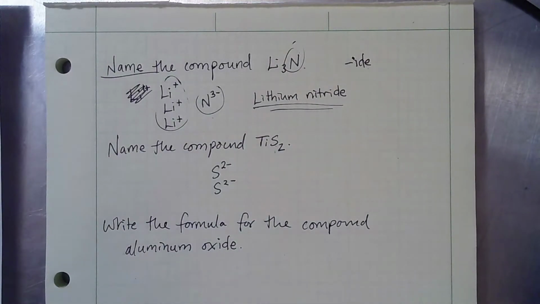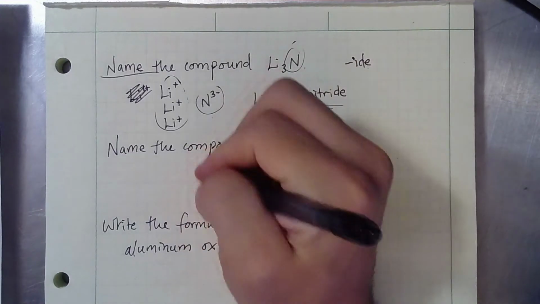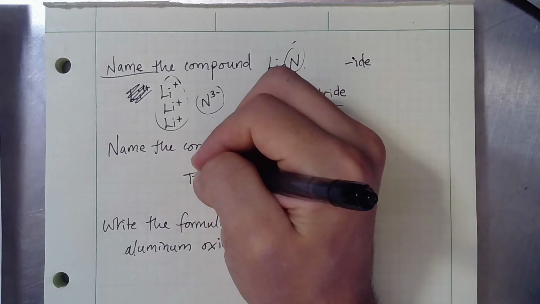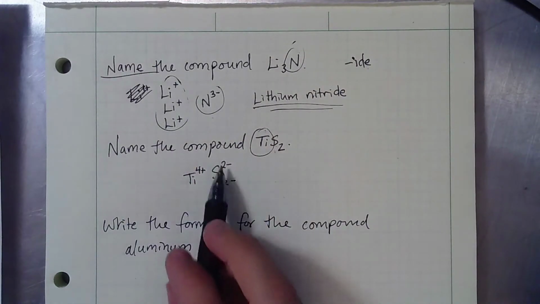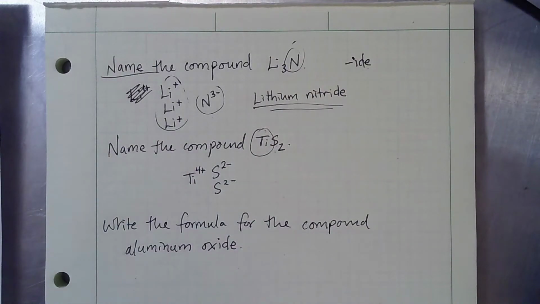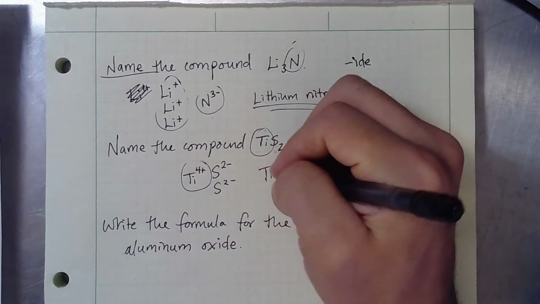What that means then is that we can determine what the charge of this would be, because all ionic compounds are electrically neutral. They have an overall charge of 0. Therefore, this one titanium ion must have a charge of +4, to counteract the two -2's. And then its name, titanium is the cation, so this would be called titanium.